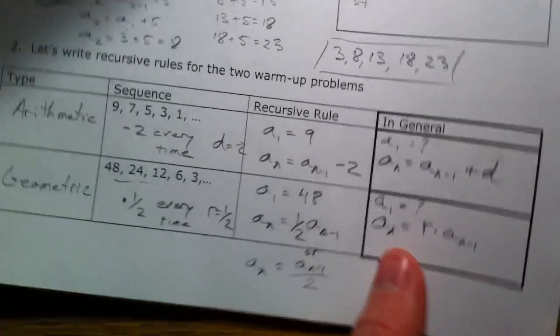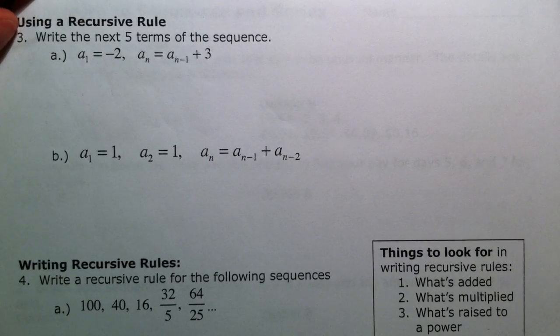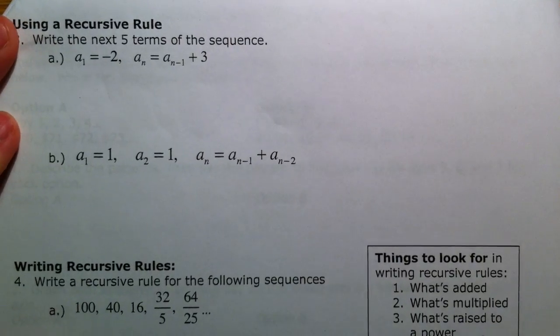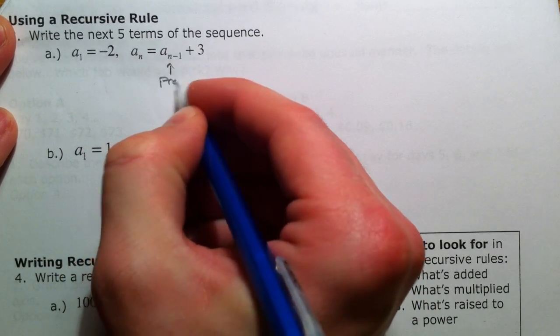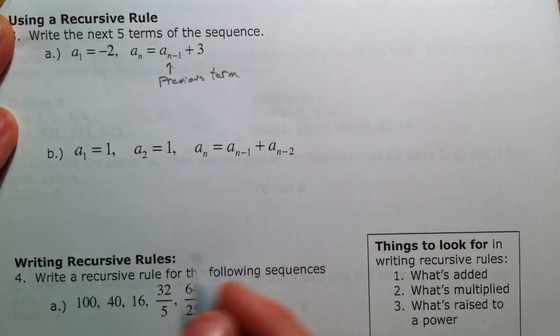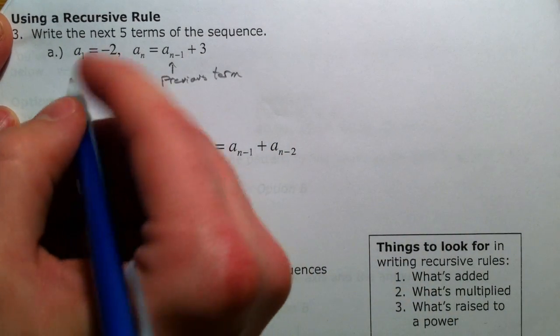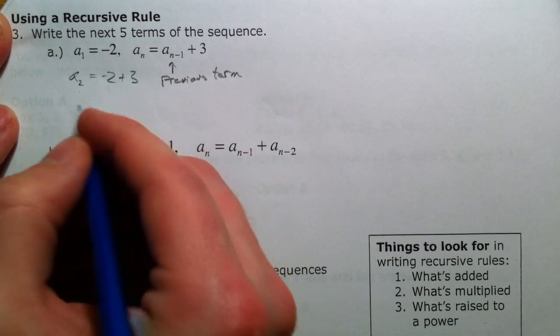So let's try writing a couple of these. Write the next 5 terms of the sequence. So again, remember that this is the previous term. So to find a sub 2, you're going to be negative 2 plus 3.